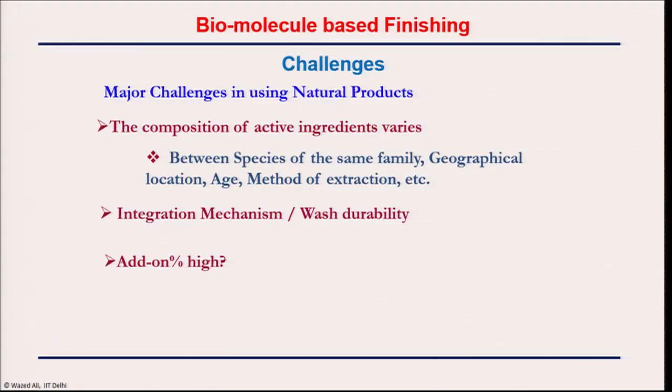Otherwise, these are very beautiful biomolecules giving beautiful properties, but the moment we go for a single wash, most of the properties are generally gone. So, that challenge still exists, and we need to think along that line.